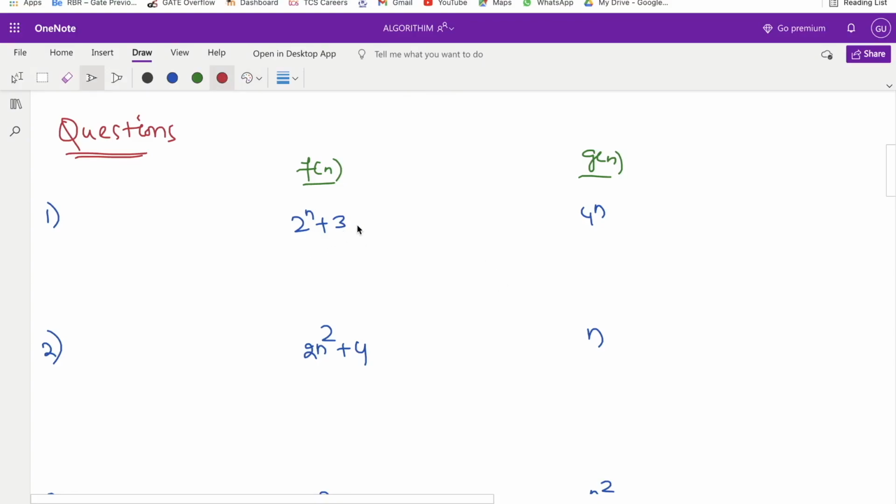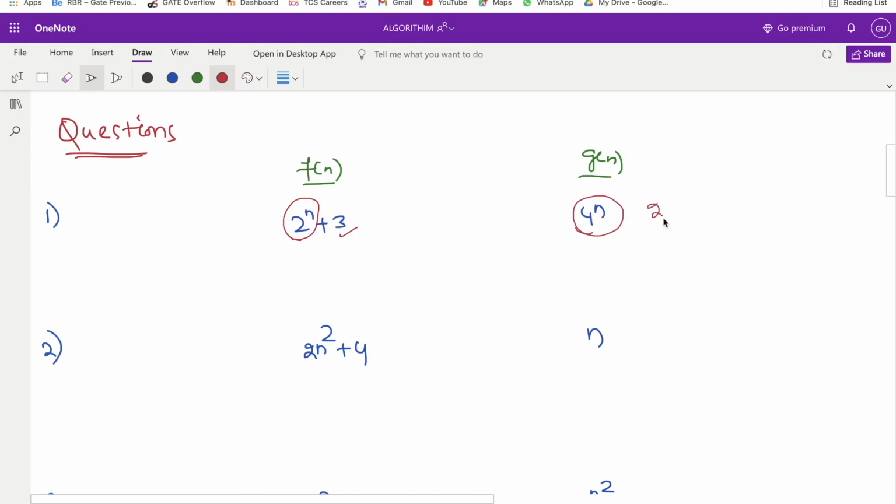This is 2 power n plus 3 and this is 4 power n. Asymptotic notations are used to compare two functions, and in the question you need to find which function is greater, which is smaller, and if both are equal, then we can represent it through theta, otherwise we can use other notations like big O and omega. Here the important term is 2 power n, and the 3 is a constant that does not vary with n.